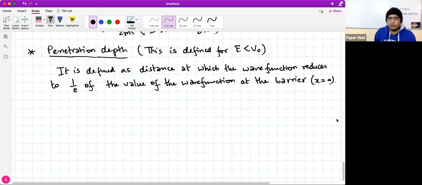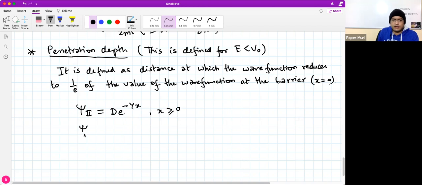Let's see what it mathematically looks like. We know that psi2 is equal to d e to the power minus gamma x, for x greater than 0. We have this solution in this region. If you put x equal to 0, what will you get? You will get d.